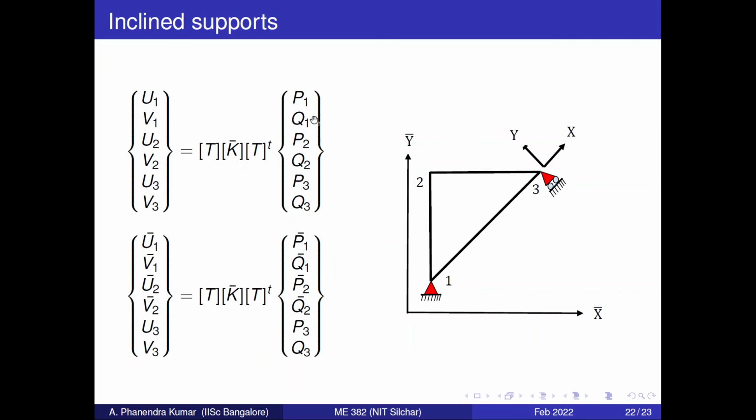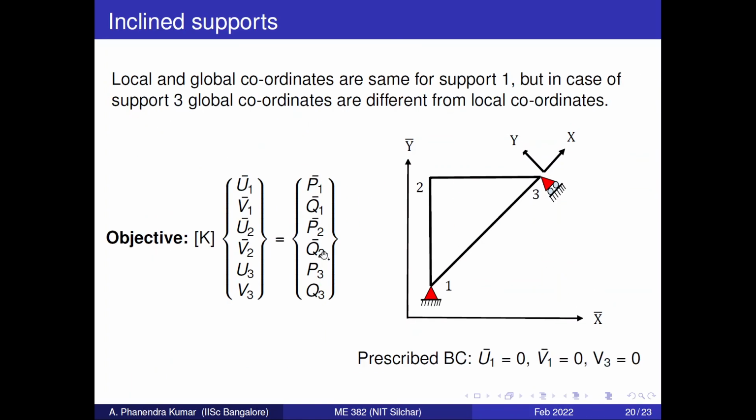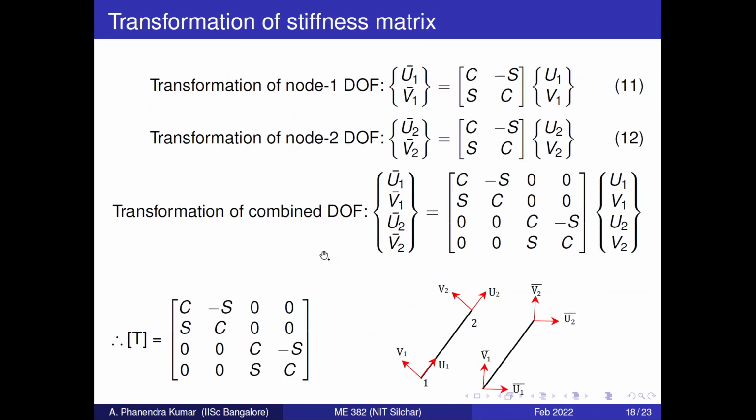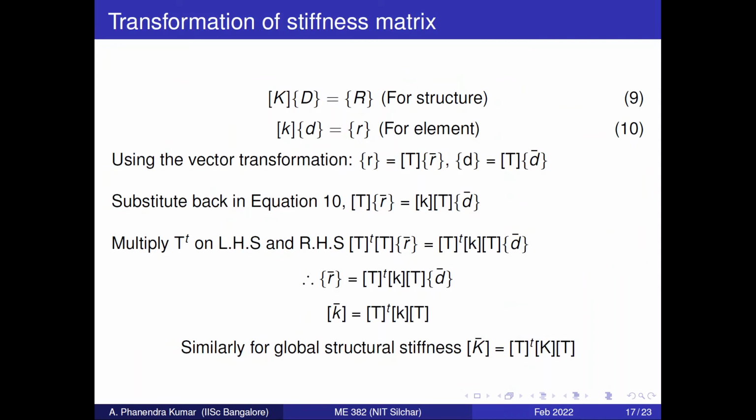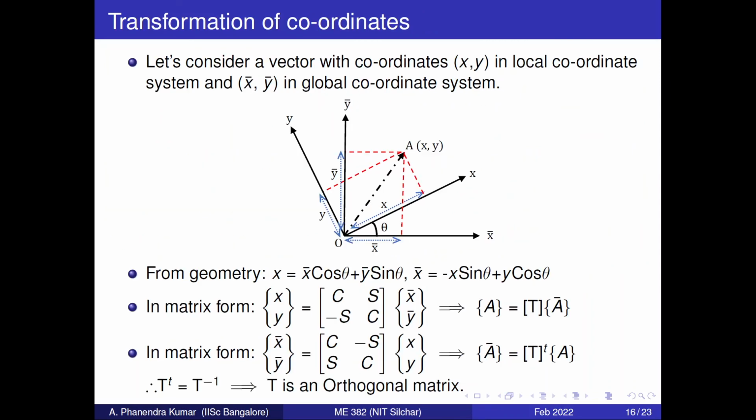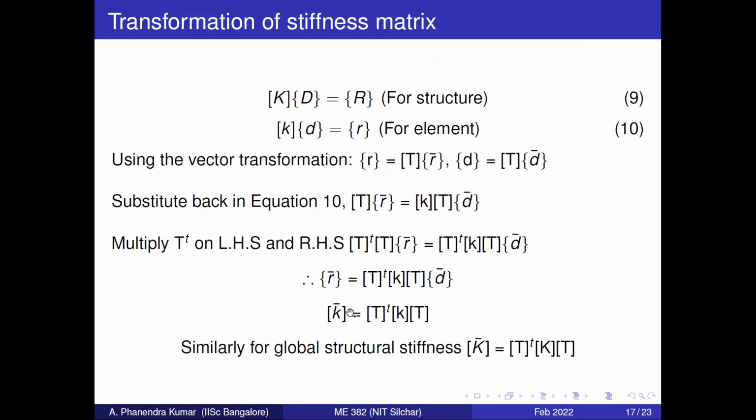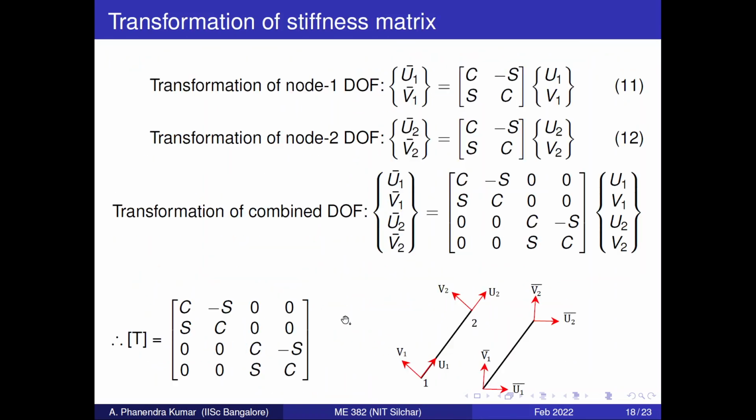So please change this part. The load vector should be coming here and the displacement vector should be here. So that is the only change. Everything else is fine. So we have seen the T matrix won't be the same, and T matrix is always an orthogonal matrix which represents T into T transpose equal to I. So these are the two formulations which will be useful for you: the vector transformation and the matrix transformation.